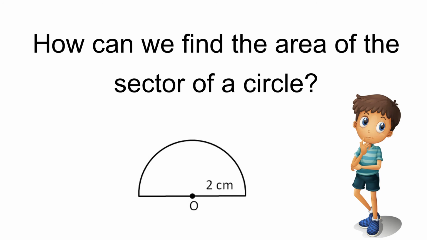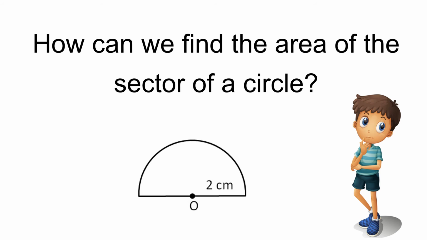So if we are looking at a semicircle, it would be half of 360 degrees, which would be 180 degrees, which gives us 180 degrees divided by 360 degrees multiplied by pi r squared.